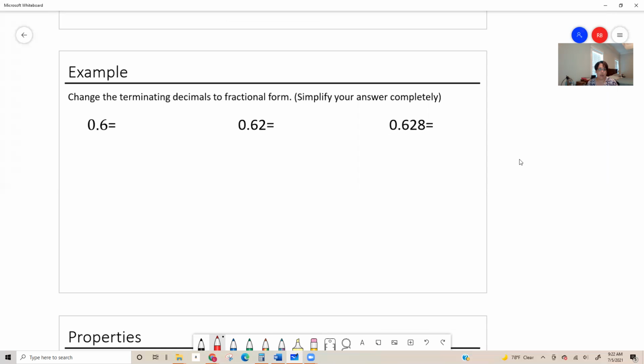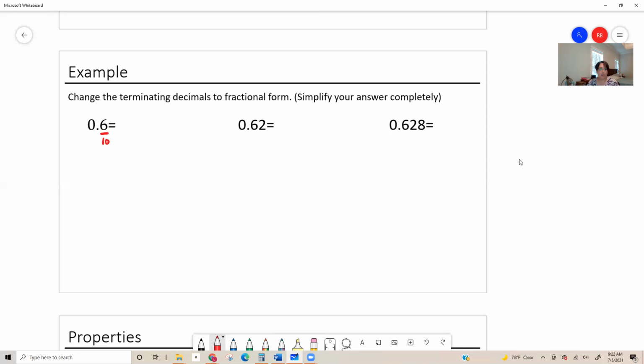So you have to look at your place values. So remember, you have 0.6. If you have 1 decimal, then that is your tens place.